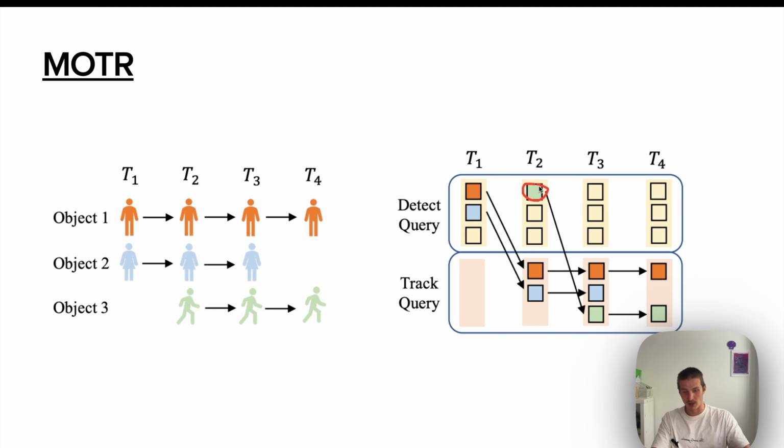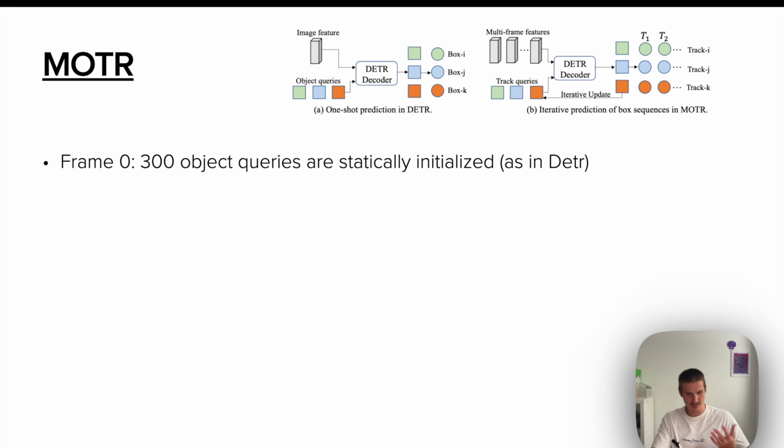And then we detect one more object, which is also getting promoted to a track query. That again gets carried over, at which point we can see that this blue one now disappears. So it is fed into the decoder, but then the decoder sees that it's no longer in the picture, and so it will not output that as an object.